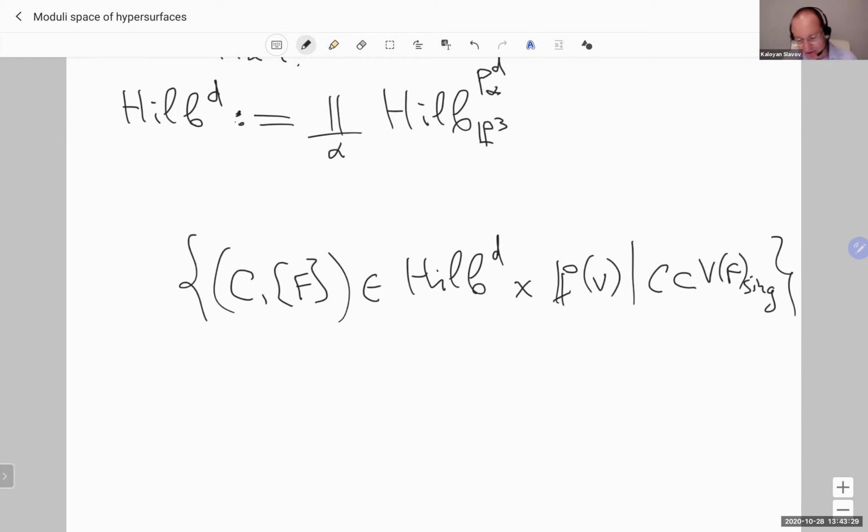A curve and a hypersurface, so that the curve is contained scheme-theoretically in the singular locus of the hypersurface. We set up this incidence correspondence.